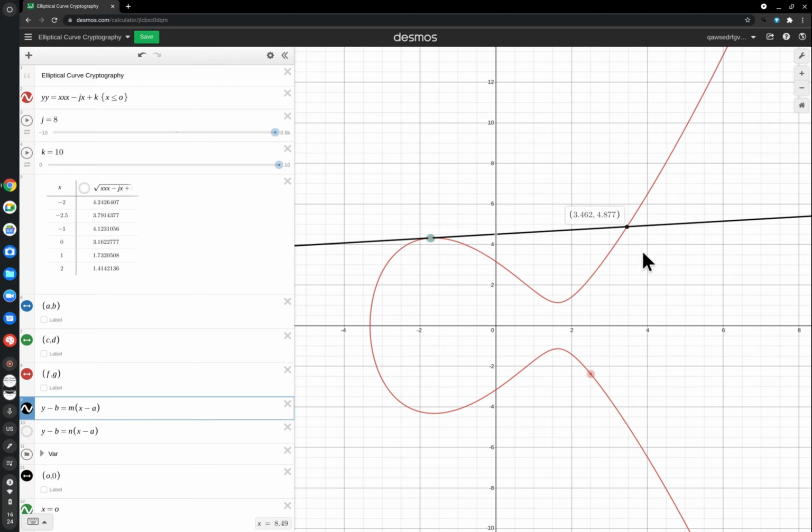Because this graph is symmetrical along the x-axis, meaning you can flip the y values and the x value will stay the same. So now what we can do is, for purposes of explaining, I'm just going to estimate 3.4662.